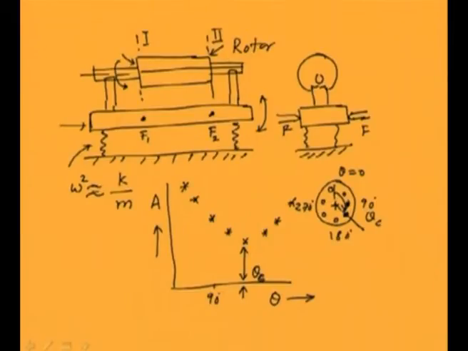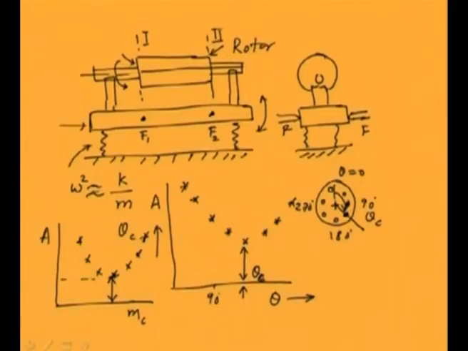Maybe in the next trial, we measure the amplitude. Now we change the correction mass, and we keep the correction mass all the time at theta C. So again we get some variation of the amplitude, and we see that at one value we get the minimum amplitude, and that is the actual correction mass required, because corresponding to that we are getting the lowest amplitude of vibration.